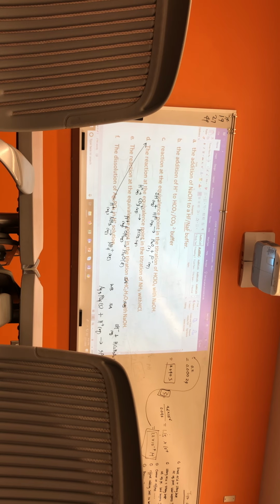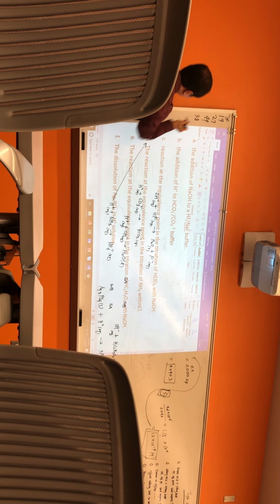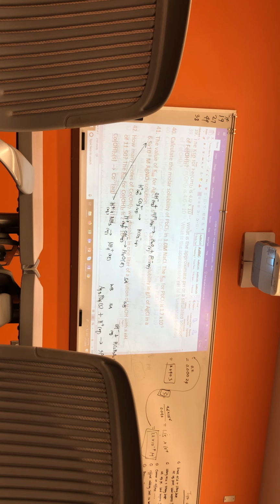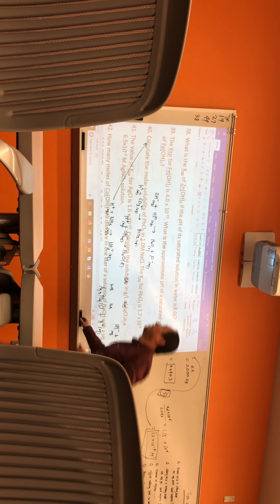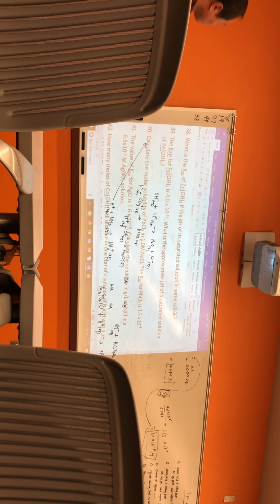38. Yeah, KSP, right here. What's the KSP if the pH of a saturated solution is this?